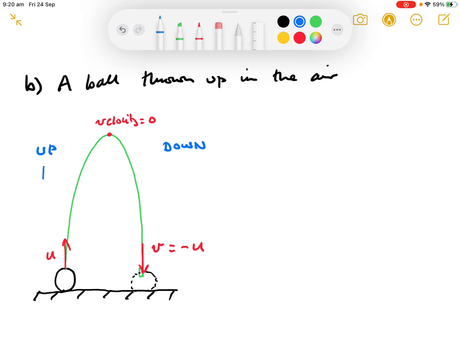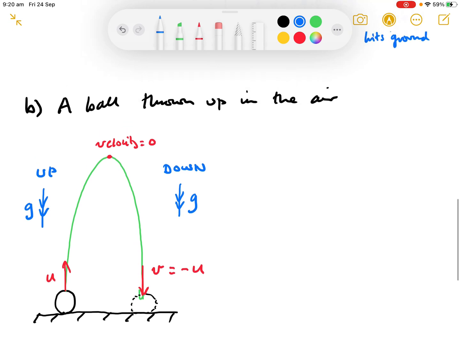And on the way up, the body is decelerating at g, so it undergoes a negative acceleration, an acceleration of minus 9.8. And on the way down, it is accelerating at g, because the acceleration vector is in the same direction as its velocity vector there, so it's accelerating.